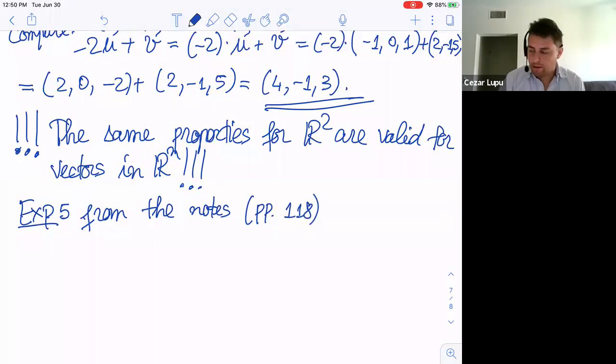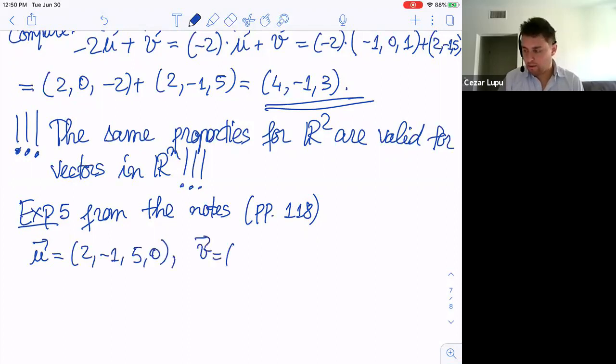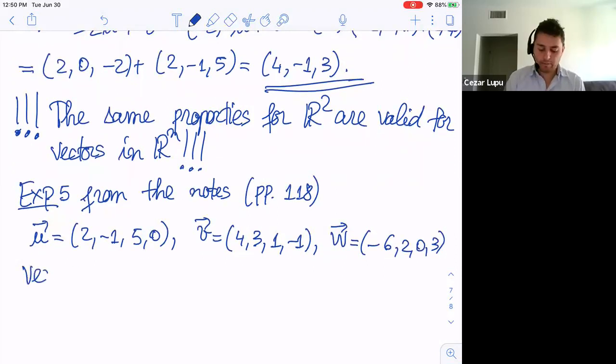It says the following. We define two vectors in R4. So u will be 2, -1, 5, and 0. v will be 4, 3, 1, and -1. And w, I define another vector, will be -6, 2, 0, and 3. So these are vectors in R4.